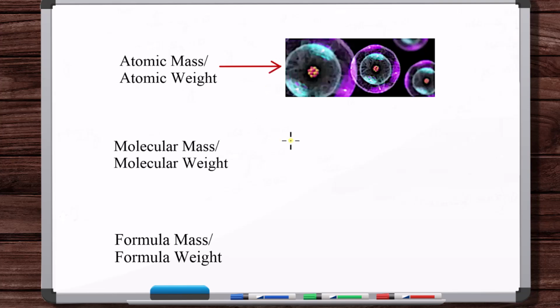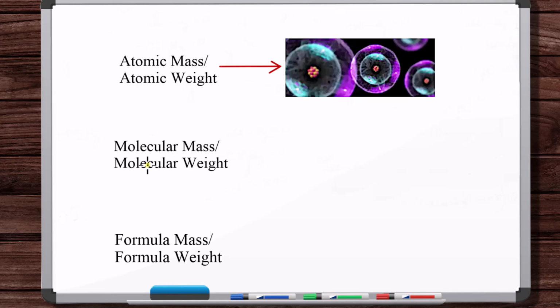It's that simple. Okay, now, if you're talking about the mass of an entire molecule, like an H2O molecule or a sugar molecule or a hydrocarbon molecule, which we know you can easily determine by just adding up the masses of all of the elements contained within the molecule, well, then we're not going to refer to that mass as an atomic mass or an atomic weight.